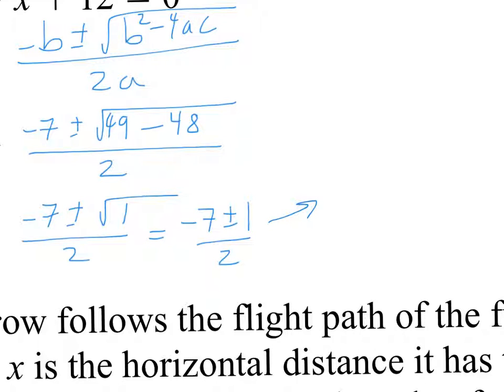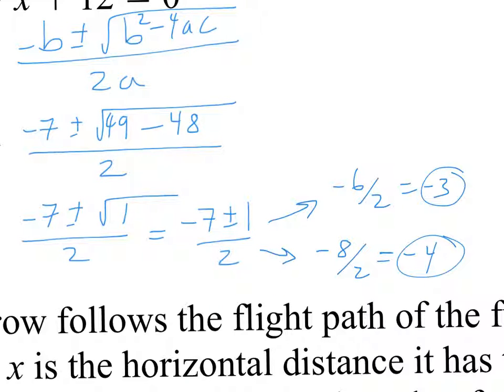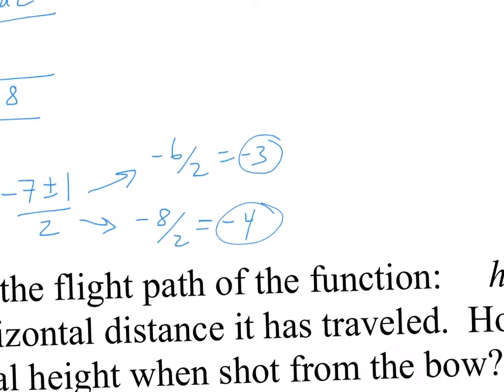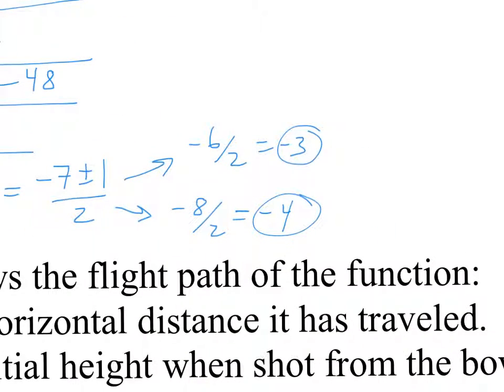Negative 7 plus 1 is negative 6. Negative 7 minus 1 is negative 8. This gives you negative 3, and this gives you negative 4. Those are the same roots that we got using the other methods. So this is kind of cool. It shows up again. That's how you know you're right.